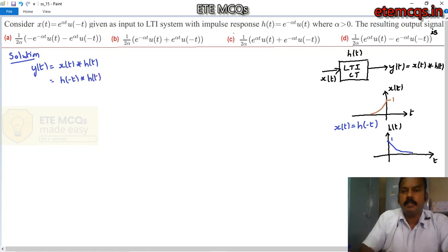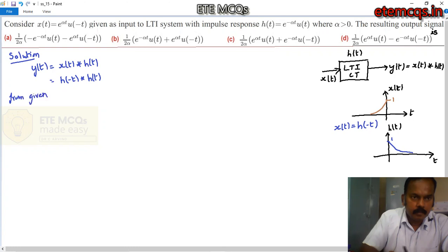Now what is h of t? From the given, h of t is equal to e power minus alpha t into u of t.